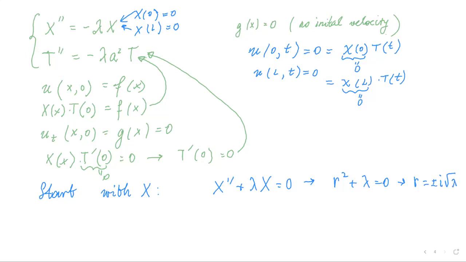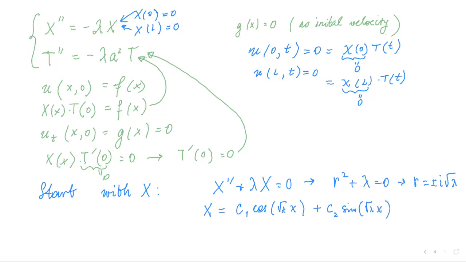And we are going to have two solutions, x equals C1 cosine of square root of lambda x plus C2 sine of square root of lambda x.